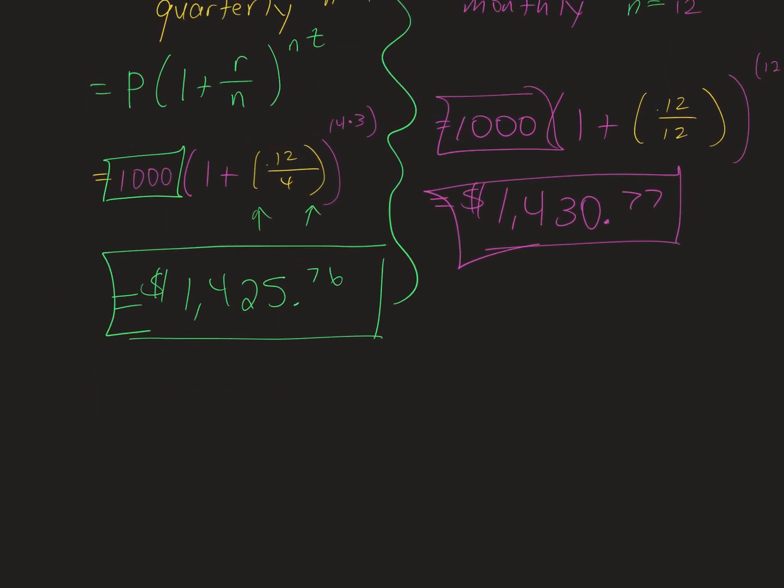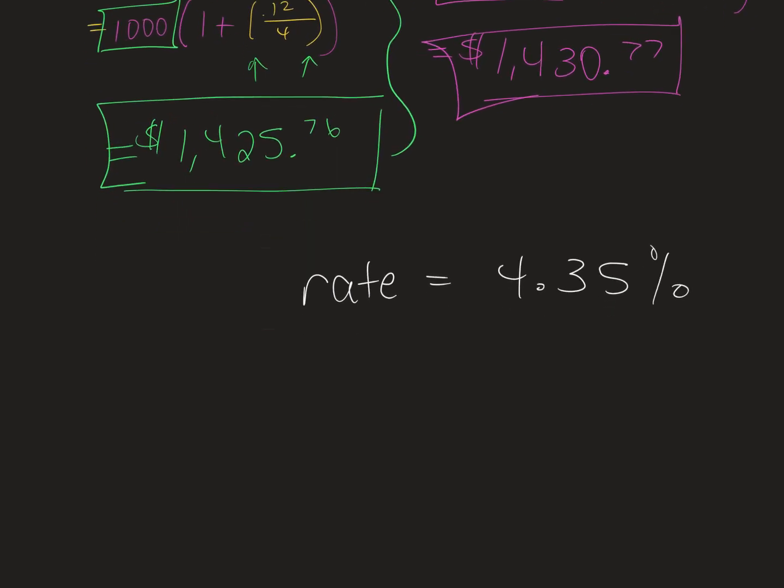Another thing I want to bring to your attention, if you have an interest rate of 4.35%, is that a decimal? No. It's not a decimal. It has a decimal in it, but is it a decimal? No, that's a percentage. How would you change that to a decimal? This would go over twice.